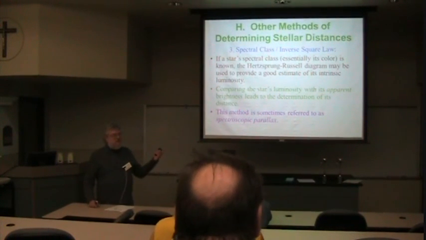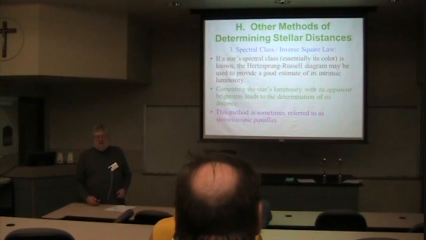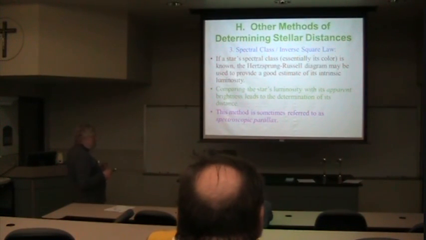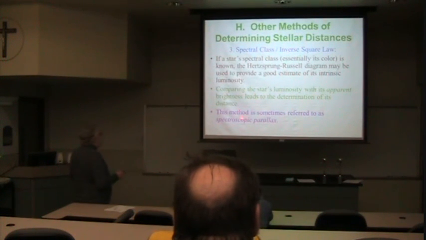This measures distances to stars, so you can call it parallax, even though it's not. It's sort of like if you have two copper tubes, one that fits tightly inside the other, you say they're telescoping, even though it has nothing to do with making distant objects look closer. That's just the way words evolve. So let's call it main sequence fitting rather than spectroscopic parallax, but you will run into that term.